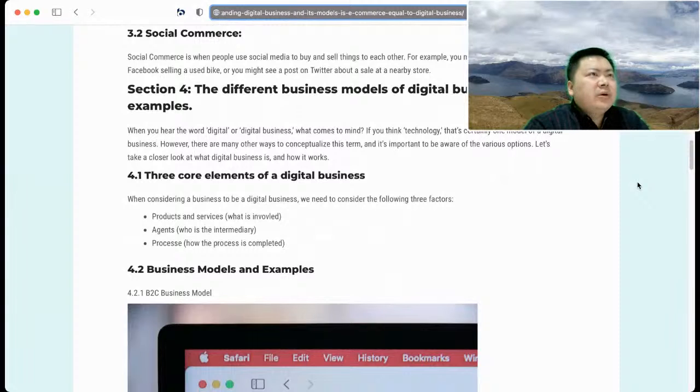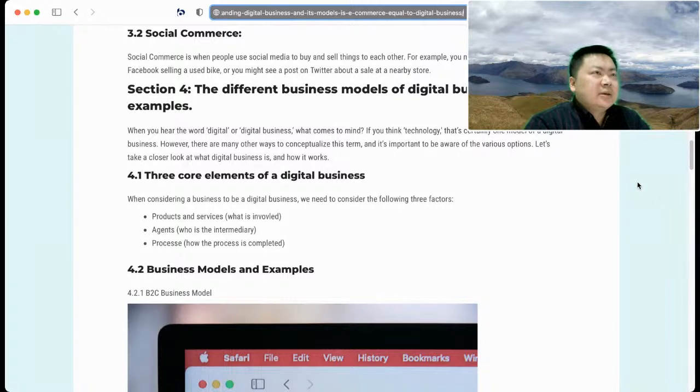Before we go ahead, there are three core elements, the dimensions to measure a digital business. The first one is, what products and services are we talking about here? Is it a product or a service? The second is the intermediary, the agents that help two or multiple parties complete the transaction or the flow of business.